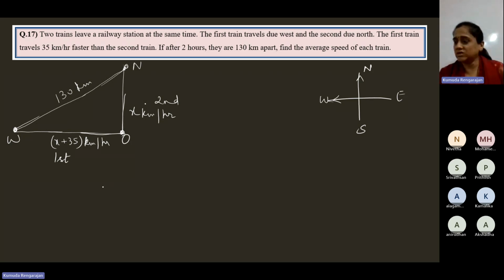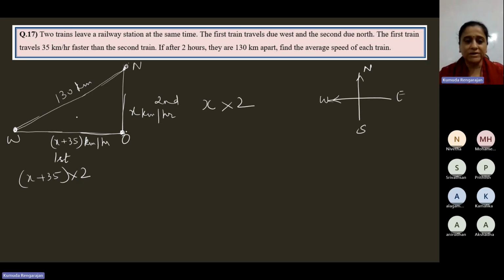So again, you can construct the equation using Pythagoras theorem. But what is OW? Distance. And how do you find distance? Speed into time. What is the speed? X plus 35. What's the time taken? 2 hours. This is OW. What is ON? Distance, speed into time. Speed is X, time is the same 2 hours.